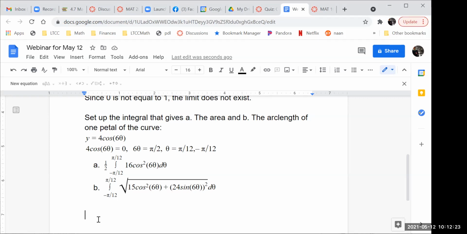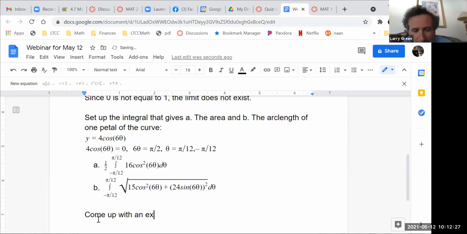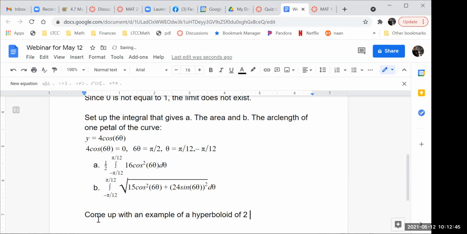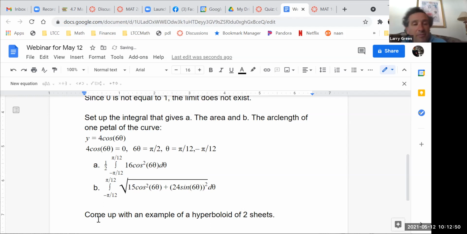Let's do a hyperboloid. Okay, come up with an example of a hyperboloid. Of one or two sheets? I'll let you choose. Two sheets. Thank you. See if you can come up with an example.